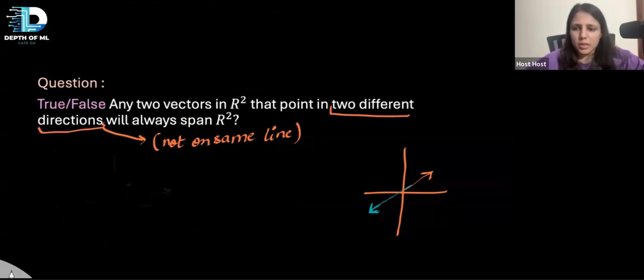These two vectors, which are pointing in two different directions and are not on the same line, so basically two vectors like this, or somewhere else, will be able to span the whole R2. Fine? Awesome.